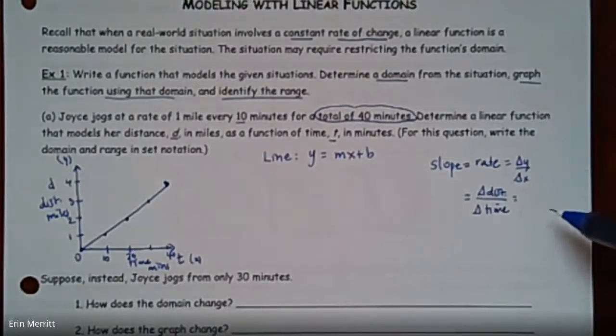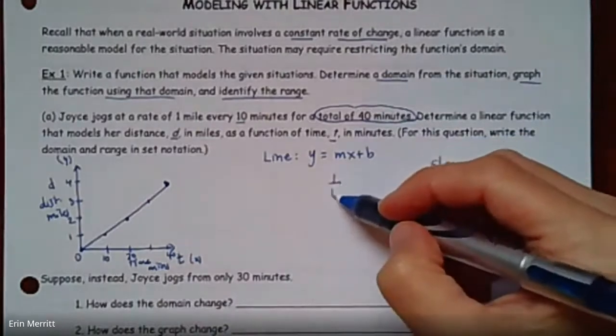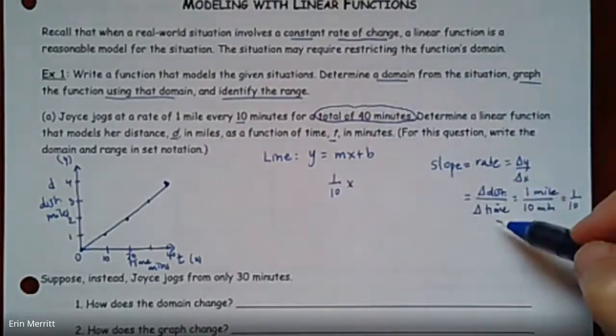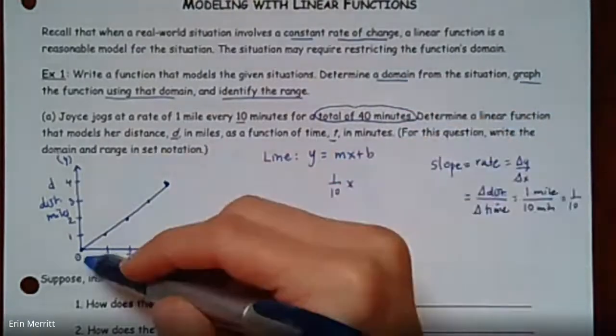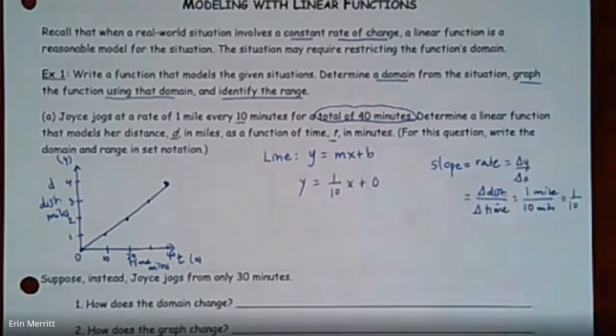So when we think about it in that regard, for every 1 mile, it's taken her 10 minutes. So your rate would be 1/10 here. Right? So that would go in for our slope. And then as for where she's starting at, well, starting at 0 in this case. So we can put just a 0 here. And there's our equation.